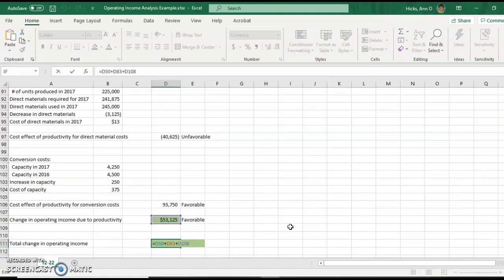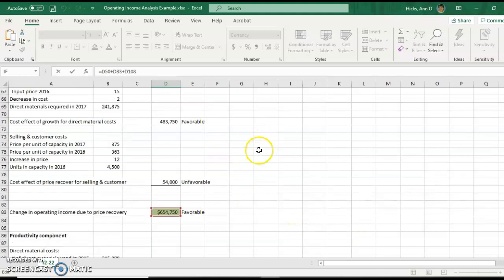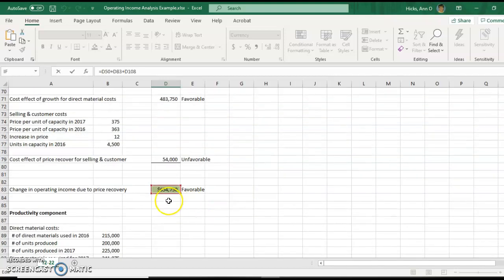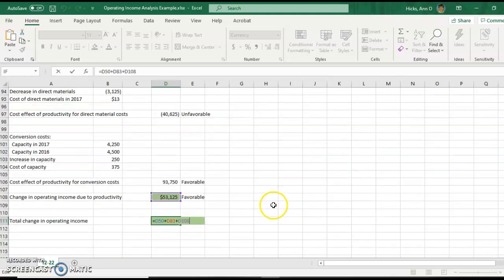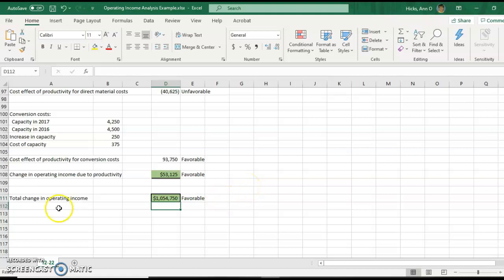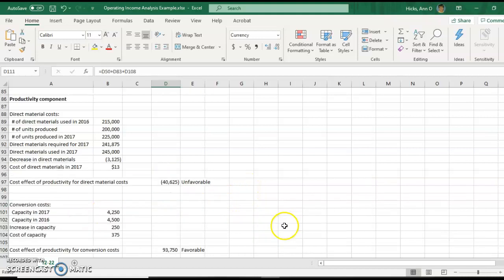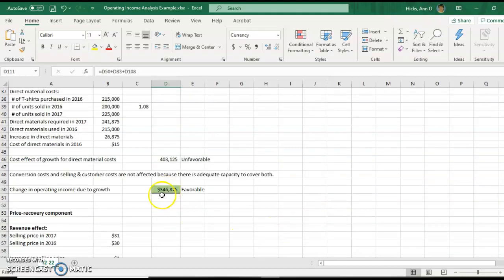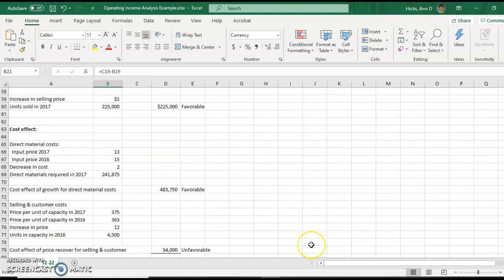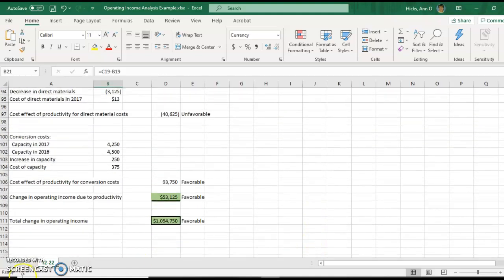Now, if you add up all three of these, the component due to growth, the component due to price recovery, and the component due to productivity, you will notice that that equals the change in operating income that we calculated in the very first requirement.